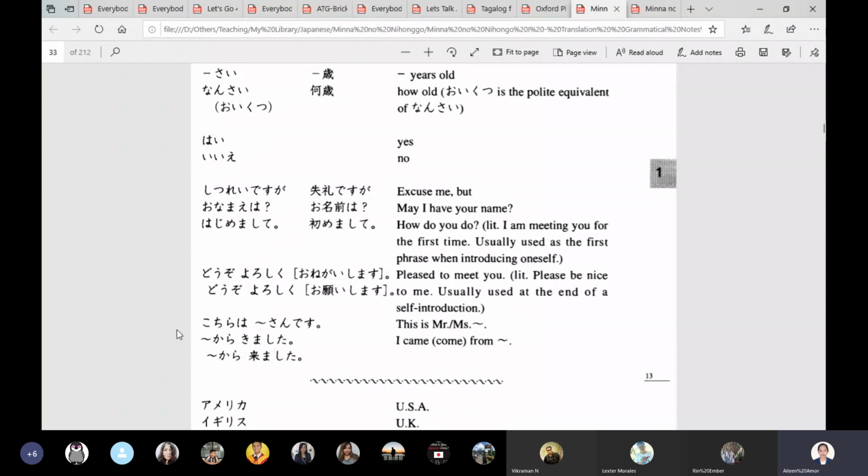But the country goes first in the Japanese translation. So here we say Philippines, Colombia, Cambodia, Nihon, Nihon kara kimashita. So this is the kanji for kimasu or to come.